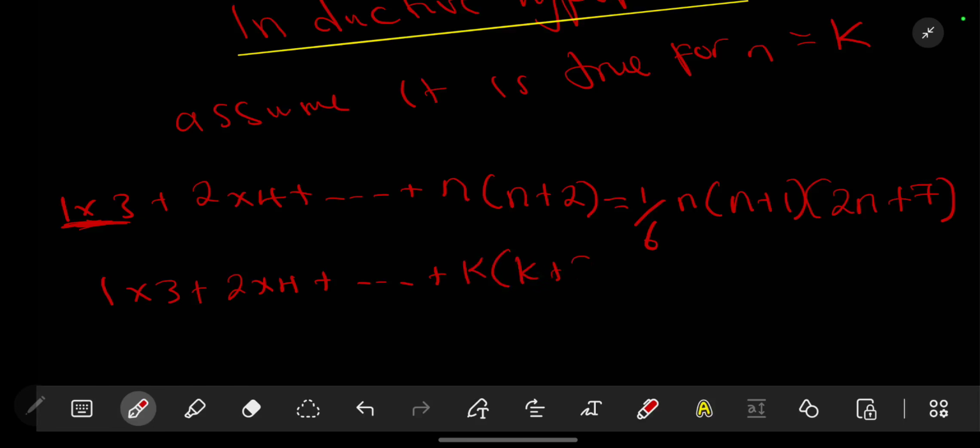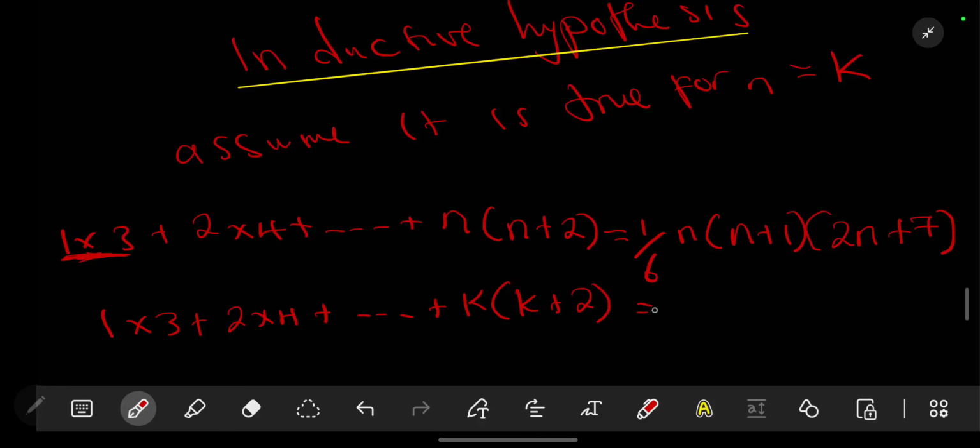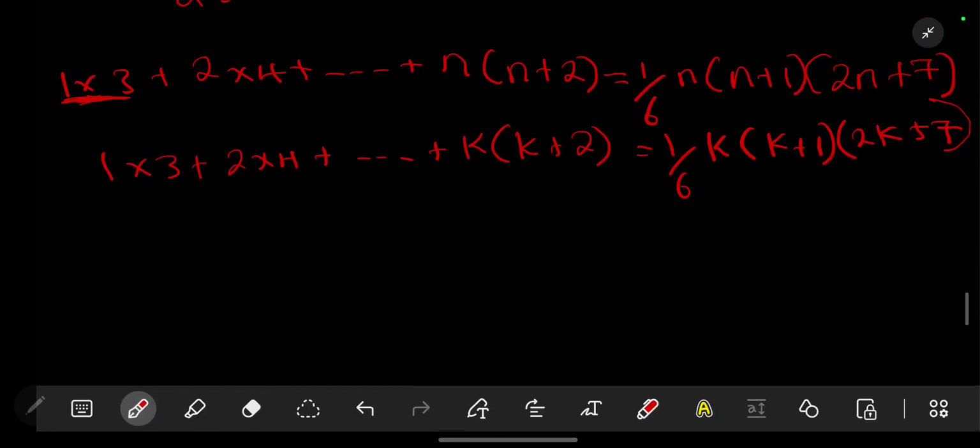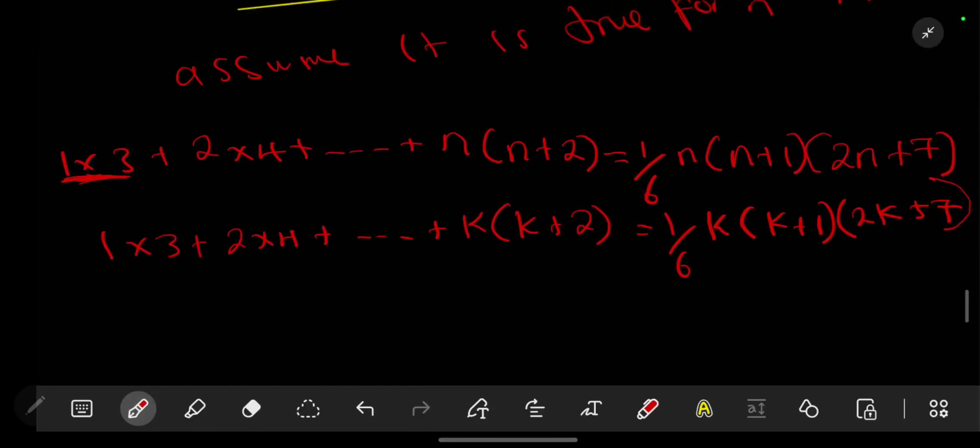Then we have k plus 2 like that, should be equal to 1 over 6 times k, then k plus 1, then 2k plus 7 like that.